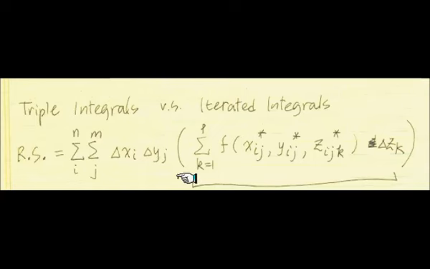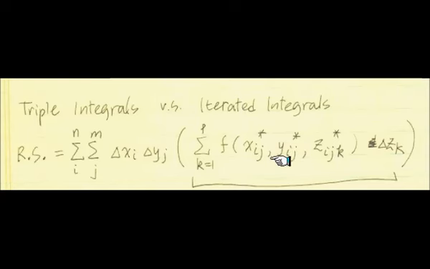So that's what this is. The way I organize these sample points is that I got rid of the k index on the x and y coordinates, but kept the k index on z. This is a free choice. That means the choice of the points for the x and y coordinates does not depend on k.